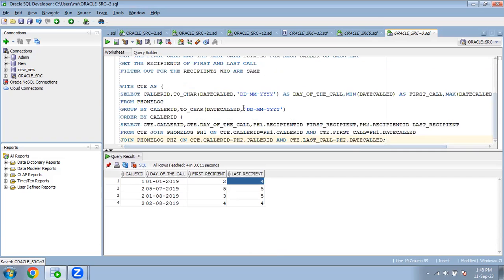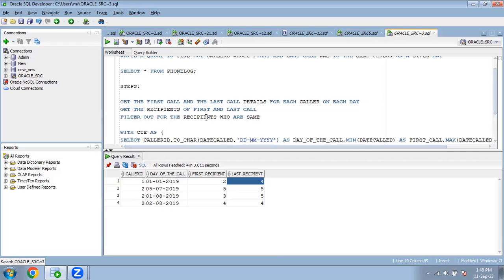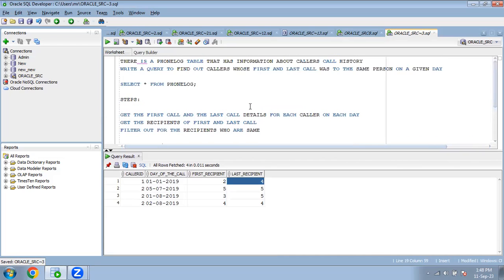Now another condition is to filter out the recipients who are the same. As per our question, find out the callers whose first call and last call on a given day were to the same person. For each day, first call and last call are to the same person. That I need to get, right?